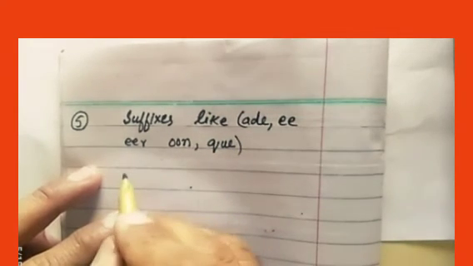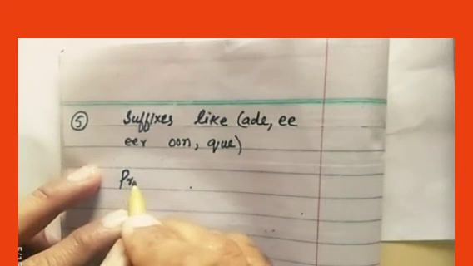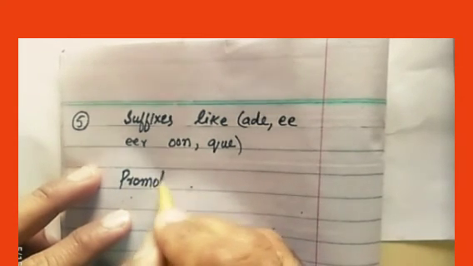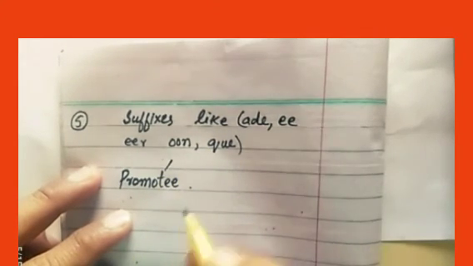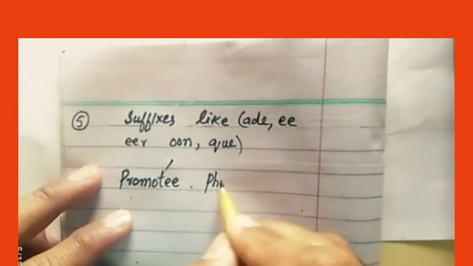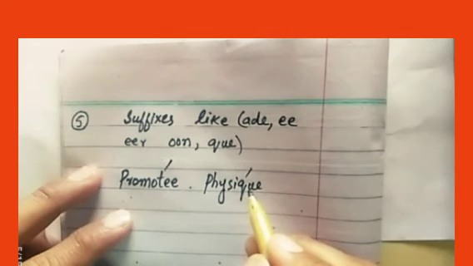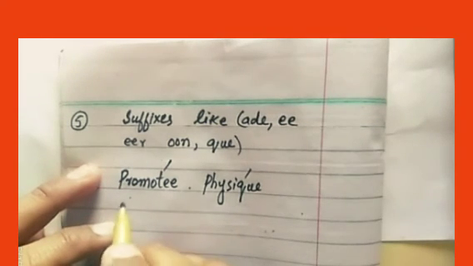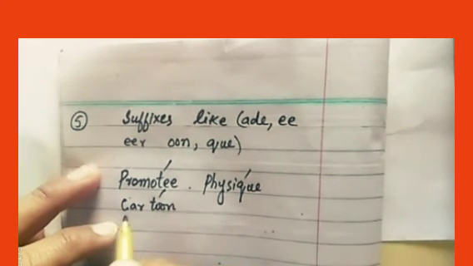For example, we have the word promotee. So this one will be stressed. Physique, this one will be stressed. Cartoon, this one will be stressed.